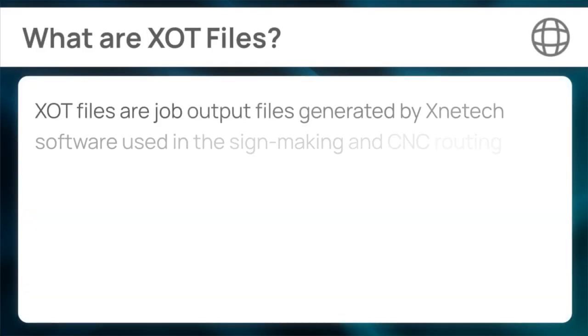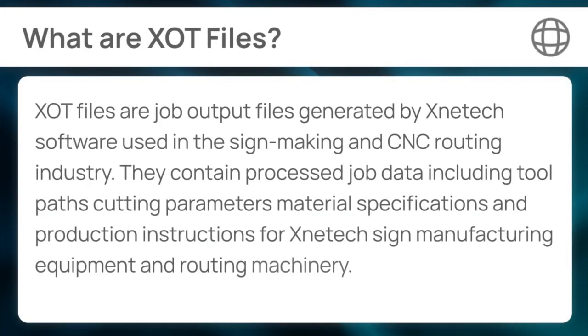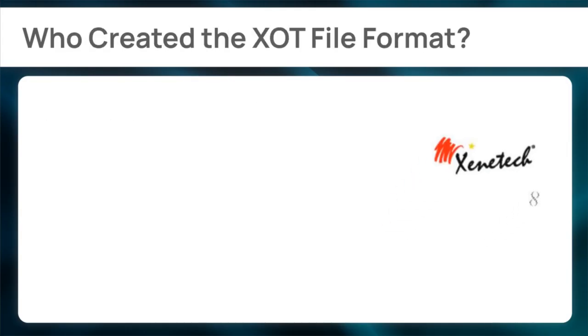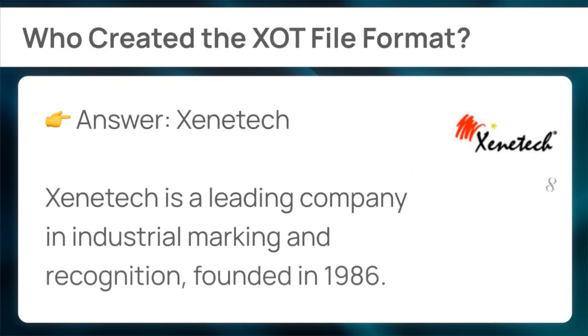XOT files are job output files generated by Xnetech software used in the sign making and CNC routing industry. They contain processed job data, including toolpaths, cutting parameters, material specifications, and production instructions for Xnetech sign manufacturing equipment and routing machinery.